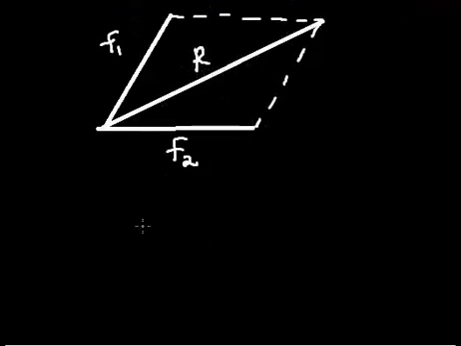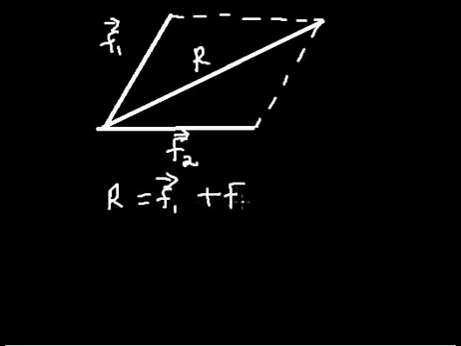So which simply means that the diagonal R becomes the sum of the two vectors. That is going to be f1 bar plus f2 bar. Of course, we use bar to represent vectors. Now this is how I will express the resultant of these two vectors in form of diagonal, in form of their unit vectors.